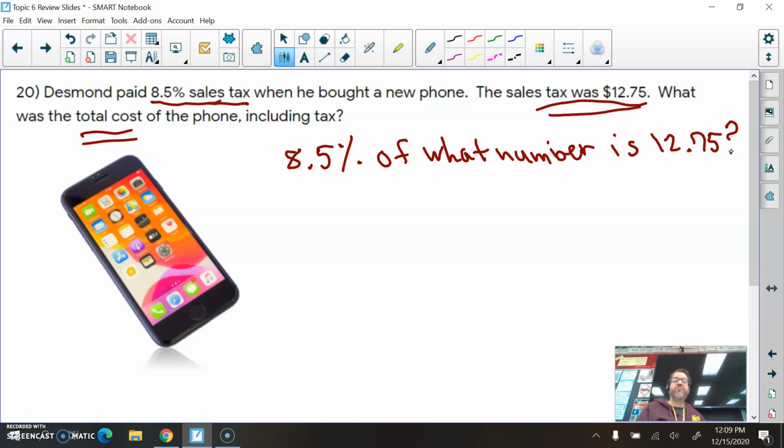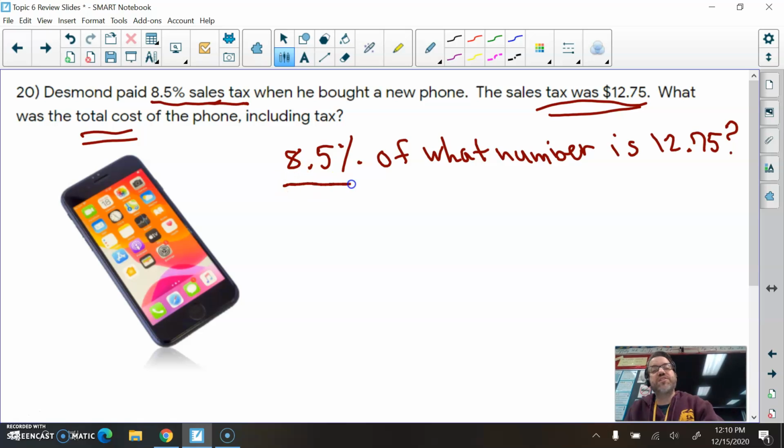I could write myself a problem like that. 8.5%, that's your sales tax rate. If you find 8.5% of some amount, it has to equal $12.75. So let's find out what that number is.